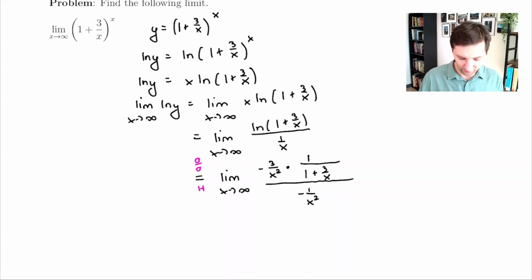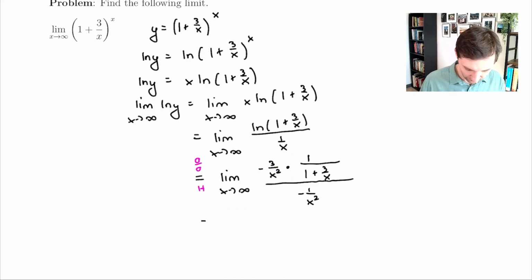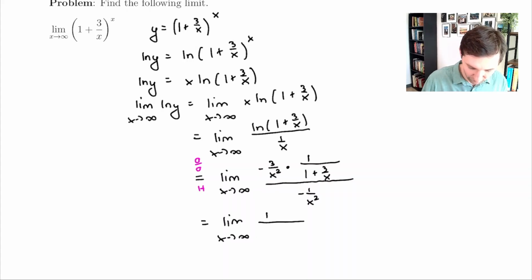Few things cancel. I can move this 3 right here. And this will be negative 1 over x squared. This is negative 1 over x squared. I could cancel those. So that leaves me with the limit as x goes to infinity of 3 divided by 1 plus 3 over x.